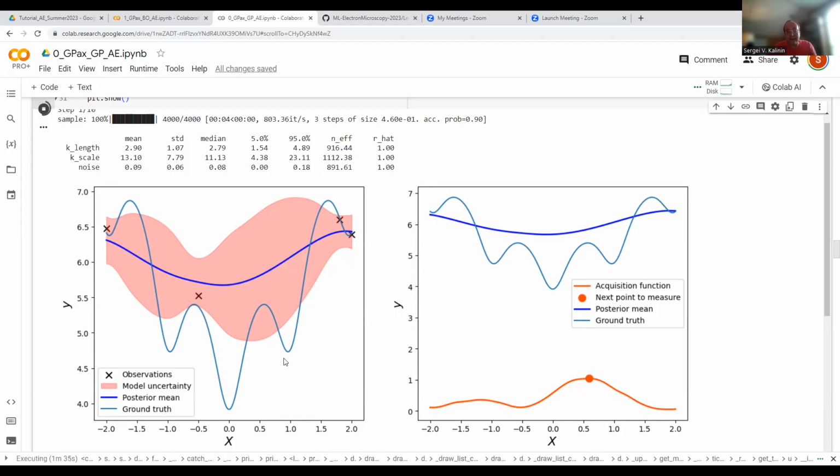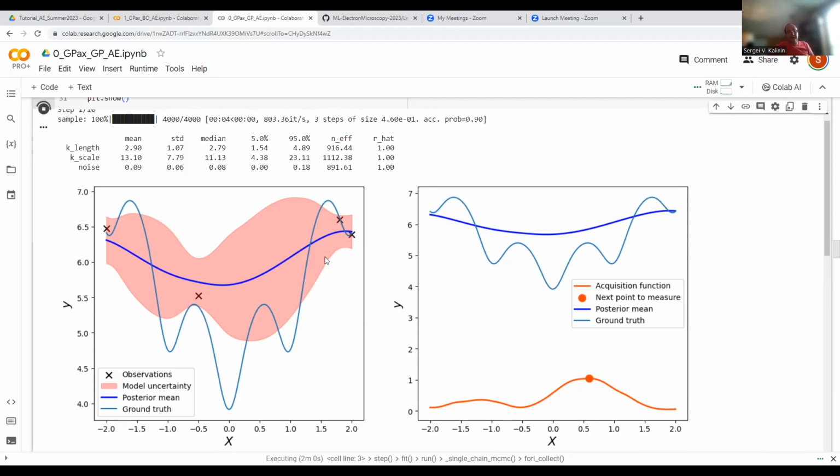When you run the active experiment, you don't have access to the ground truth. The reason why we are going through a large number of model examples is because we want to understand the general principles, and we expect that in the real world, the algorithm will behave the same way as in the model environment. The only difference is that in the real world, we of course don't know the ground truth.